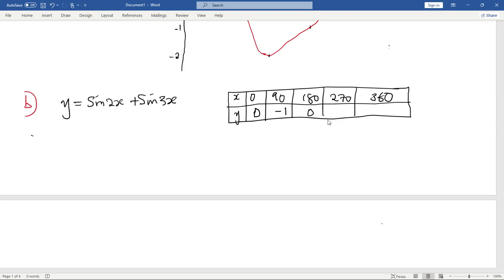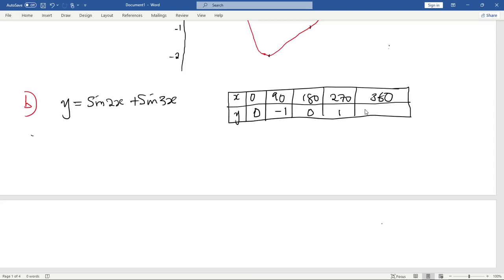So we say sine 2 times 270 plus sine 3 times 270. We have a 1 here.